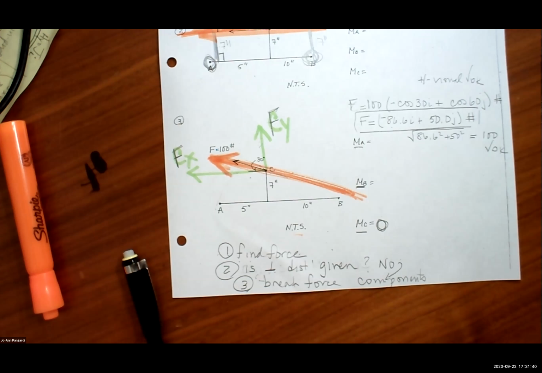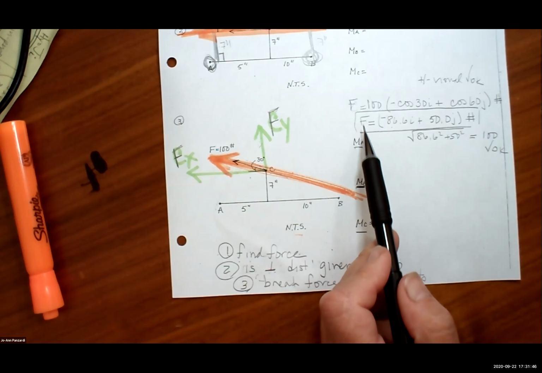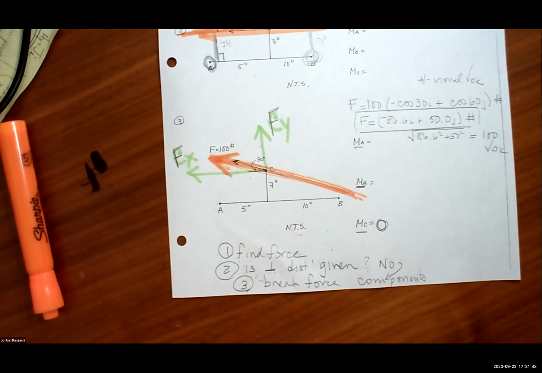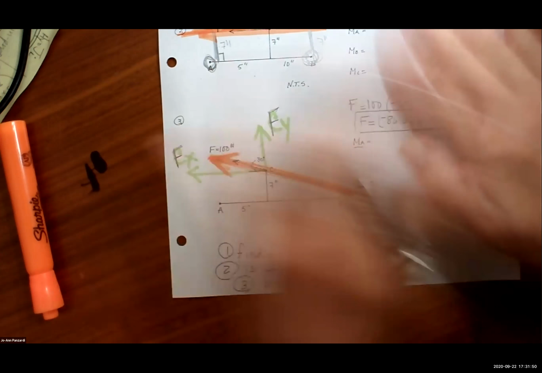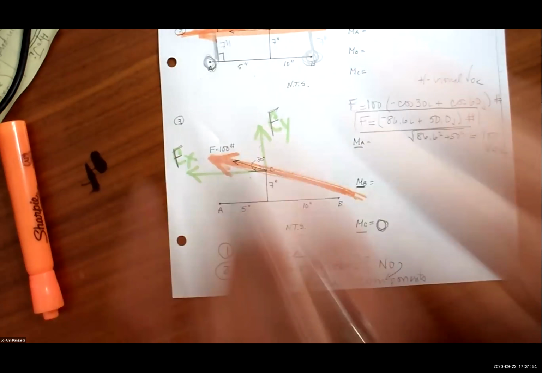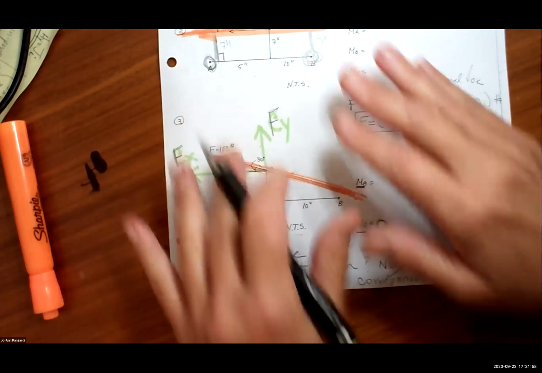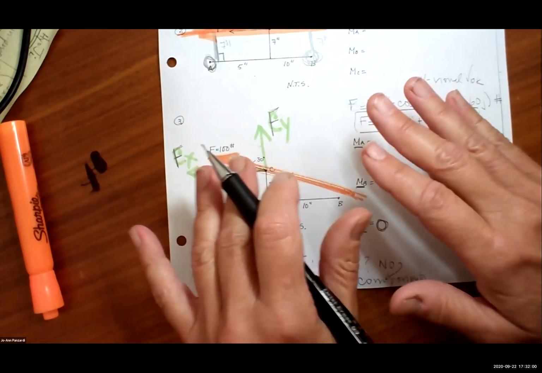Okay, so I'm going to stop for a moment. Is everybody with me? I first found the components, like we have always done, right? We have always done components first. We did components before we did the resultants. We did the components before we did the statics problems.